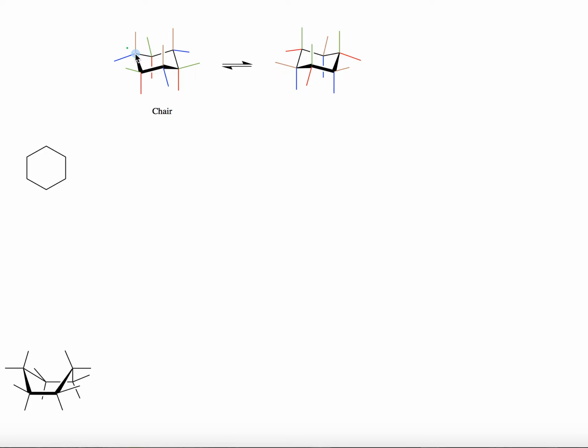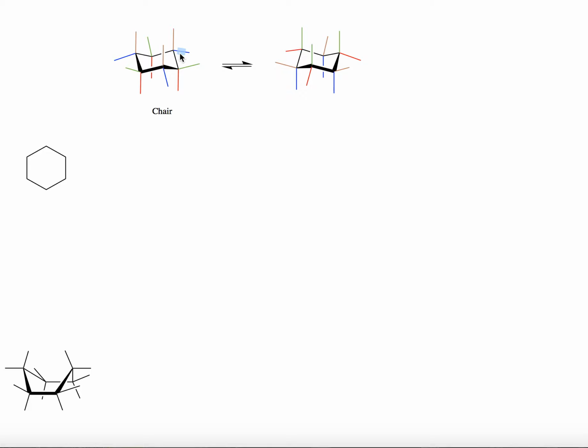The second thing that is very interesting about cyclohexane is that, as you can see in these structures, for example, let's look at this angle here and this one here. The dihedral angle between this bond here and this bond here is 60 degrees, right? The dihedral angle between this bond here and this next one here is 60 degrees.